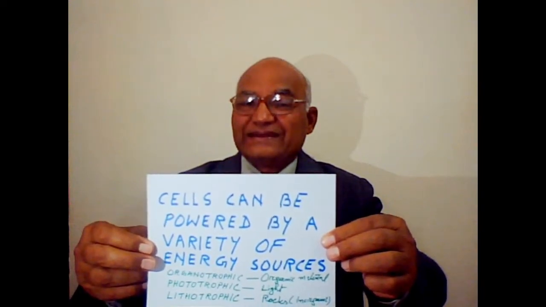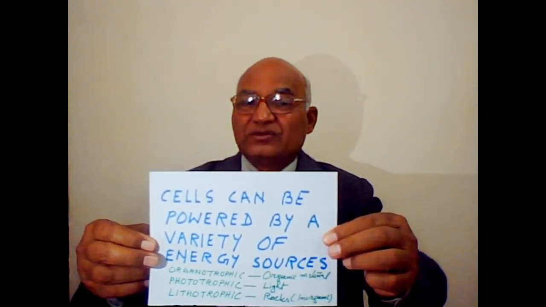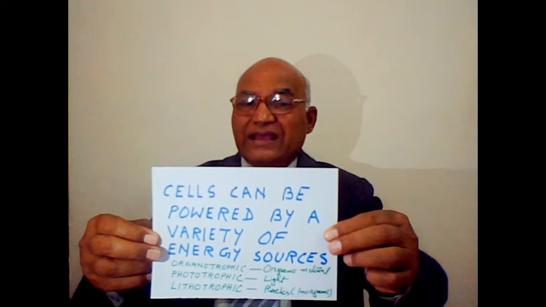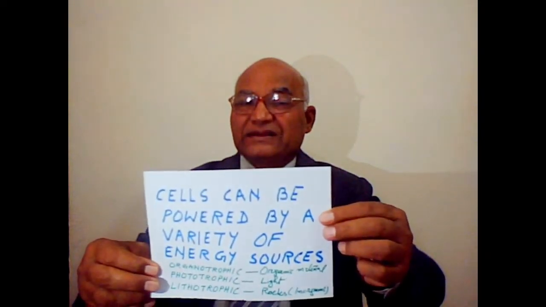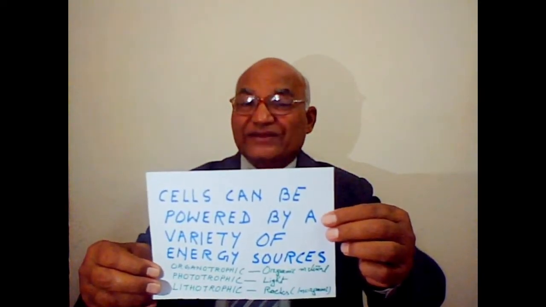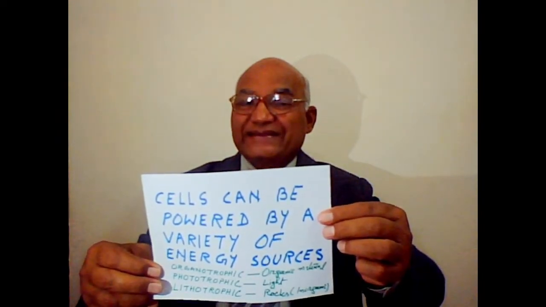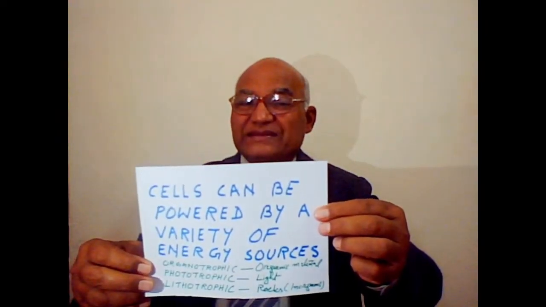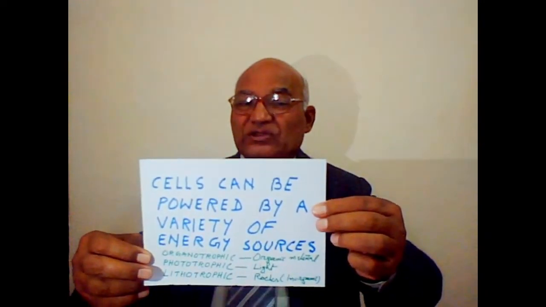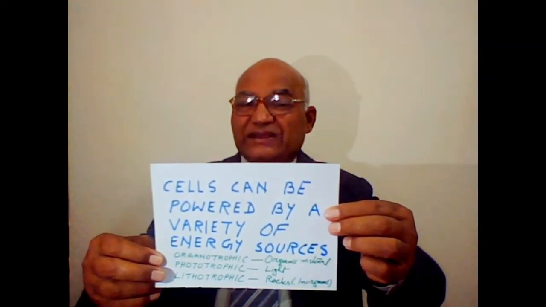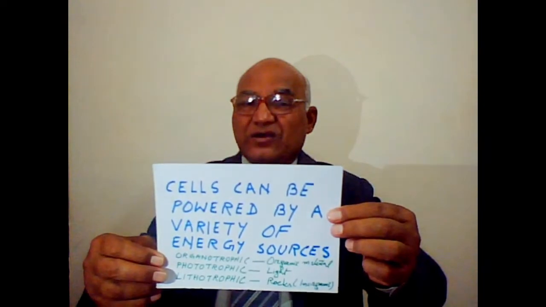Photo means light, trophic means nutrition. The third category is the lithotrophic. Litho means rock or inorganic material, and trophic means nutrition. So lithotrophic cells are those in which rocks or elements are required for nutrition.